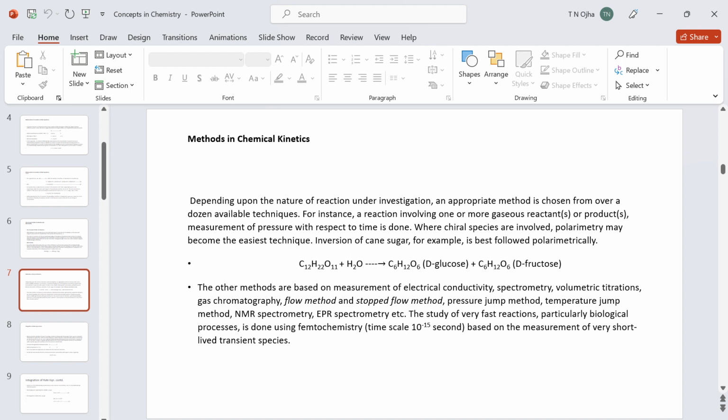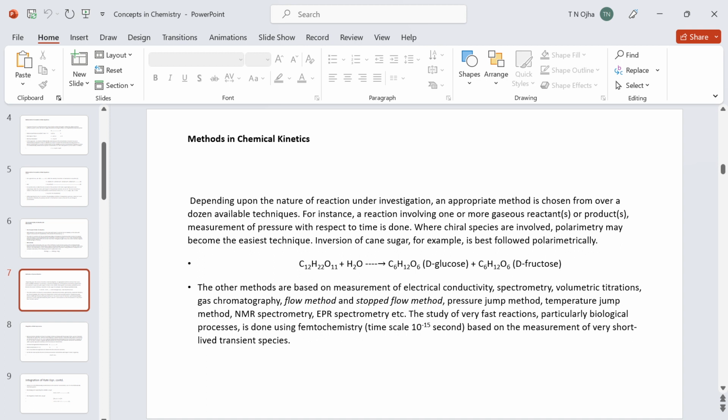The other methods are based on measurement of electrical conductivity, spectrometry, volumetry, titrations, chromatography, gas chromatography especially, flow method, stopped flow method, pressure jump method, temperature jump method, NMR method, EPR method, etc. The study of very fast reactions, particularly biological processes, is done using femtochemistry, that is, time scale of 10 to the power minus 15 second, based on the measurement of very short-lived transient species.